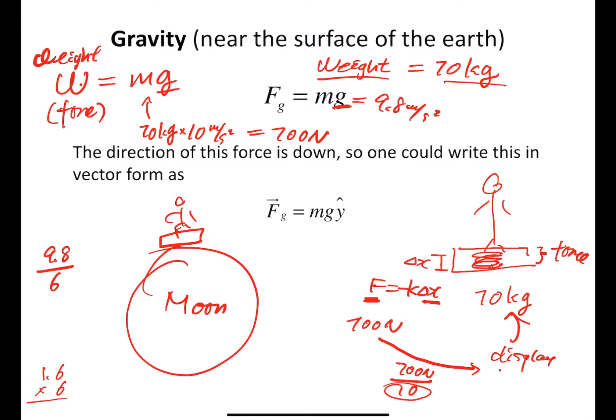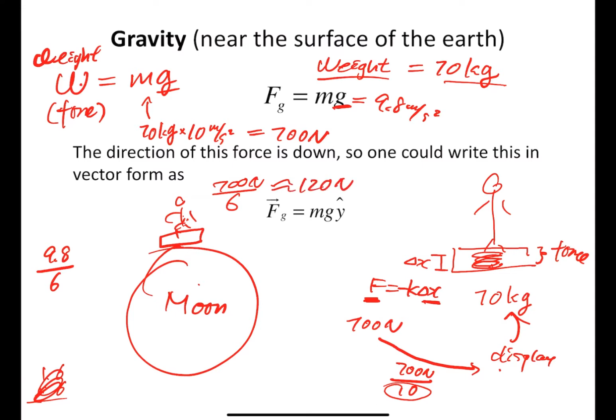So it's 1.6, about 1/6. Now what I mean is, how about your force? Your force actually is less. The gravity acting on you is not 700 Newton this time. It will be divided by 6, so it's about 120 Newton.